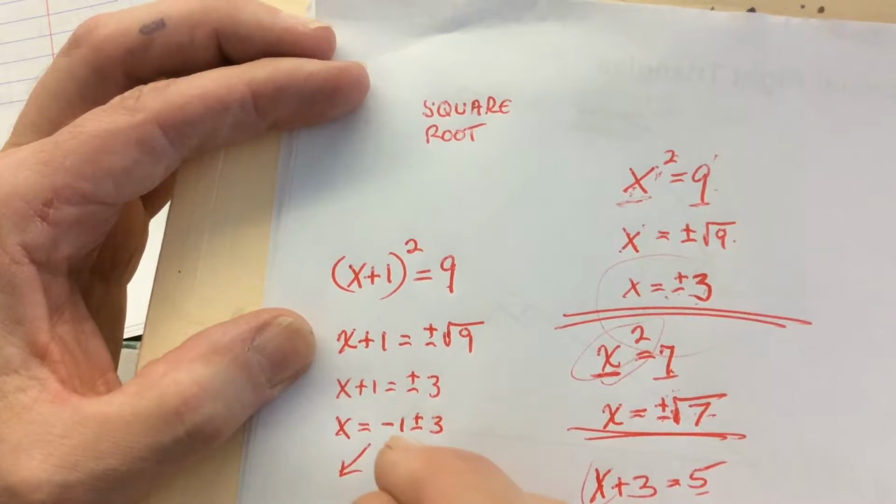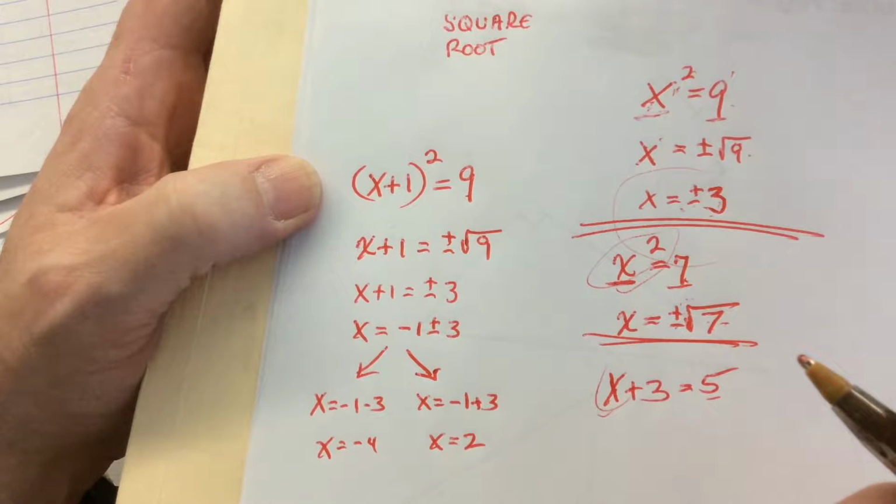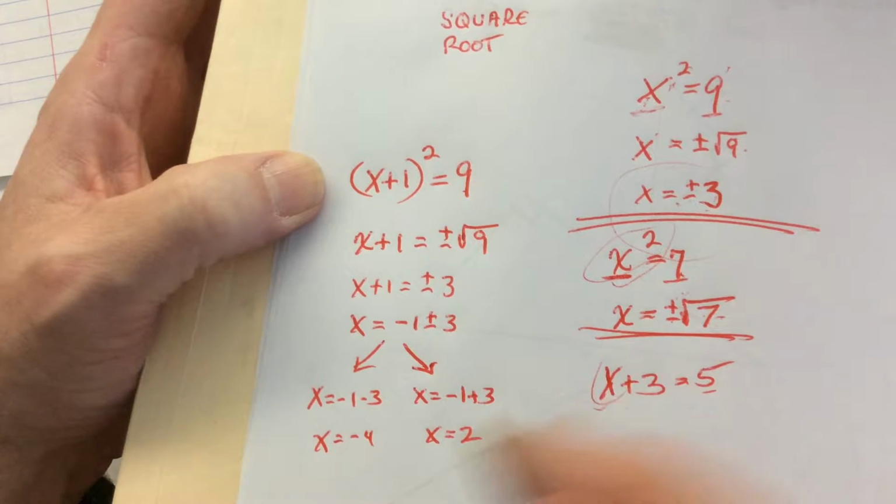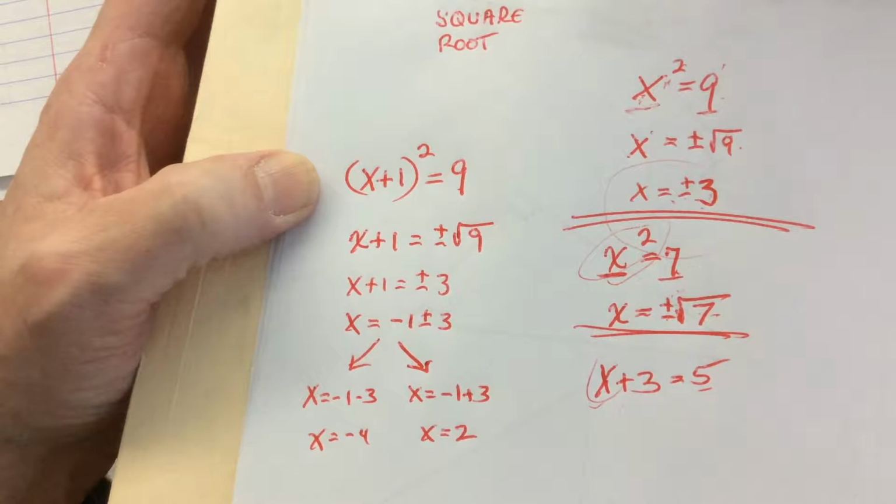And so this breaks into two different problems now. x is equal to negative 1 minus 3, or x is equal to negative 1 plus 3. So x is equal to negative 4, or x is equal to 2.